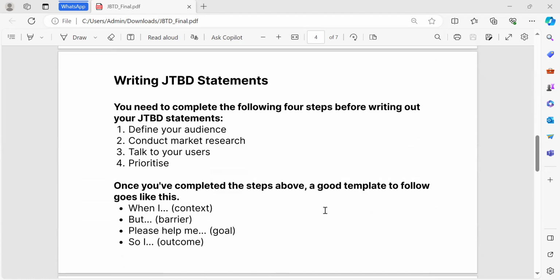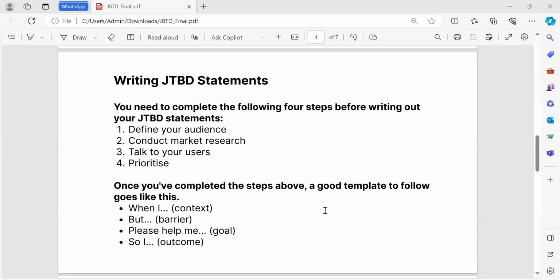So let's see how we write JTBD statements, that is, job to be done statements. For that we first need to complete four steps: defining the audience, conducting market research, talking to the user, and prioritizing it. Once we have done all these things, we will be able to follow a template, which I have shown here.